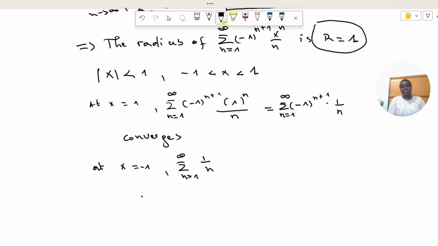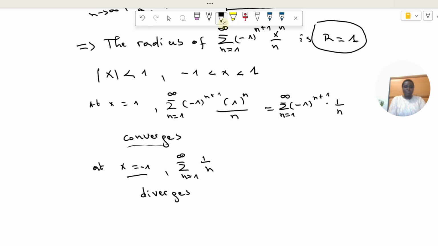Here we have divergence, so this diverges. So since at -1 the series diverges, but at 1 the series converges, so this means that the interval of convergence will be which interval?